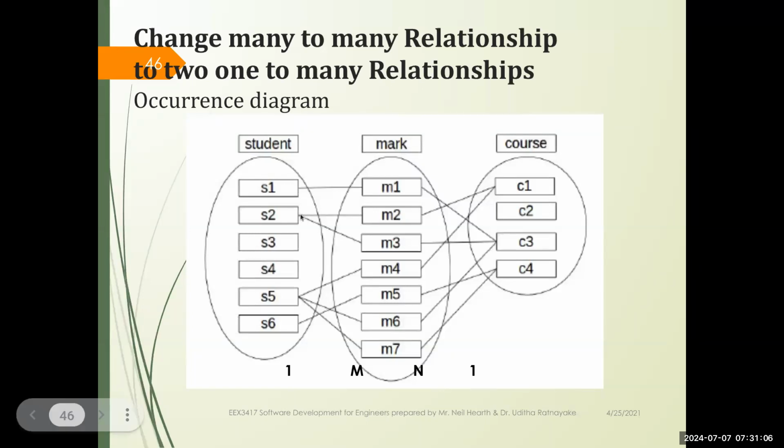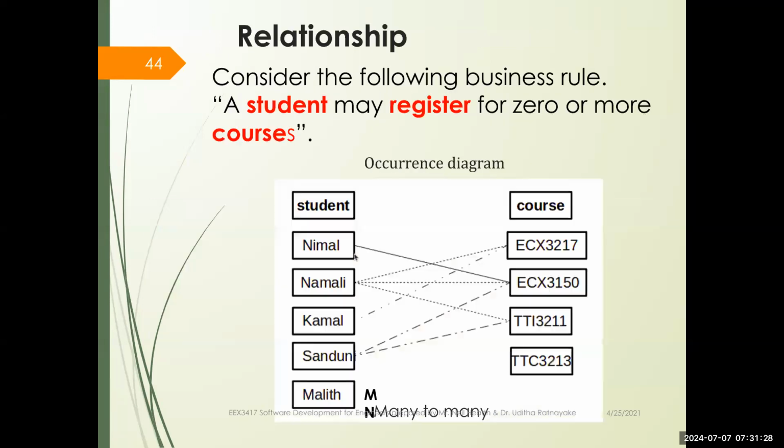So now what happened? All these points are here. Here you can only see the point here, pointing to expand to here. This side is many, this side also many. This side is one, this side is one. Here we will see different.